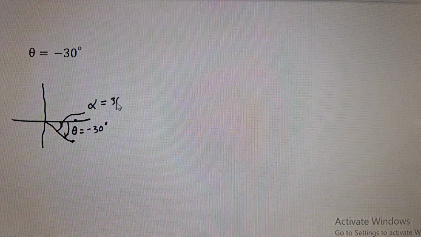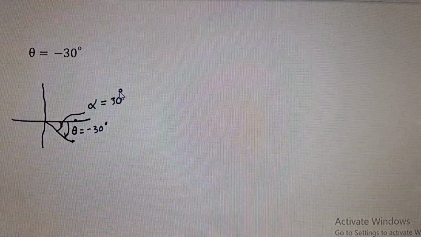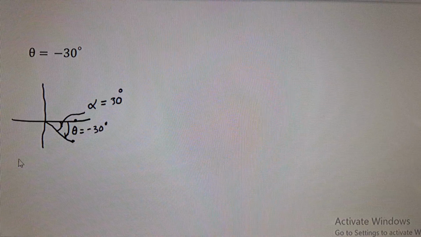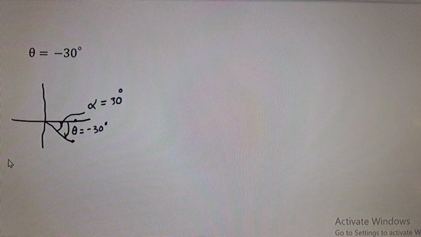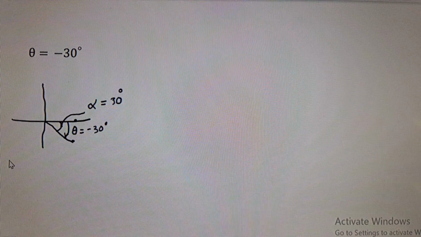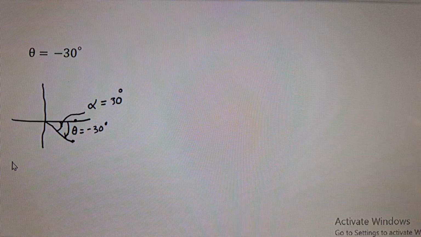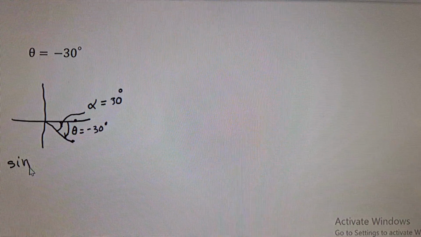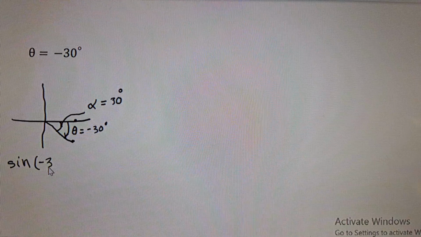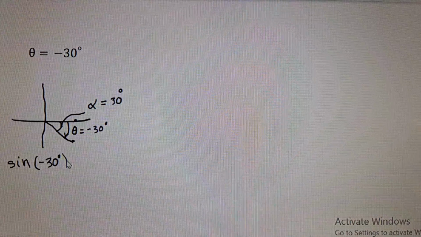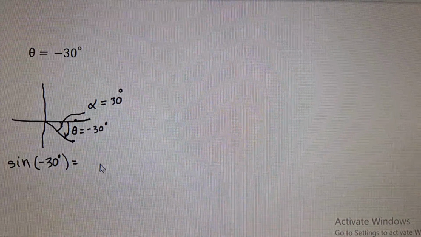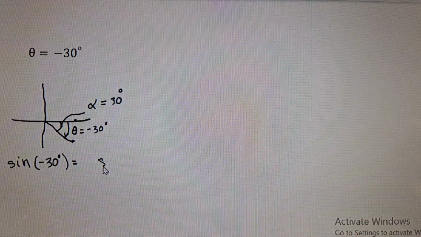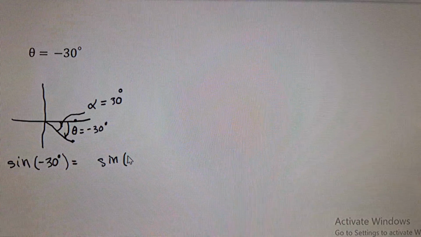So it is 30 degrees. So what are the properties of 30 degrees? Well, if we want to find what the sine of minus 30 degrees is, all we need to do is take a look at the sine of 30.